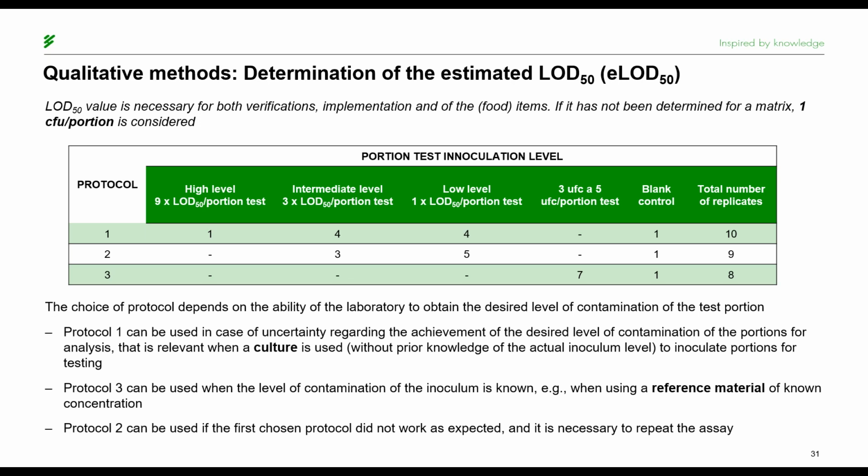And as I mentioned before, the LOD50 from validation studies is necessary, but if this information is not available, then a theoretical level of 1 CFU per test portion can be used. So let's get into the workflow of the estimated LOD50.